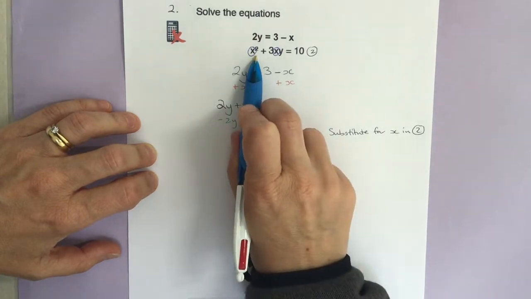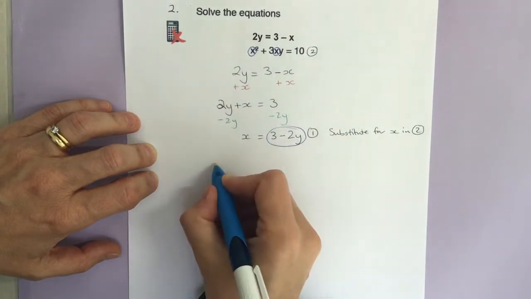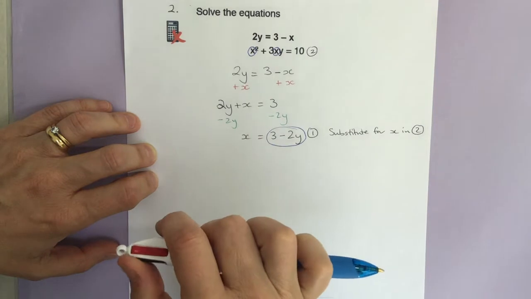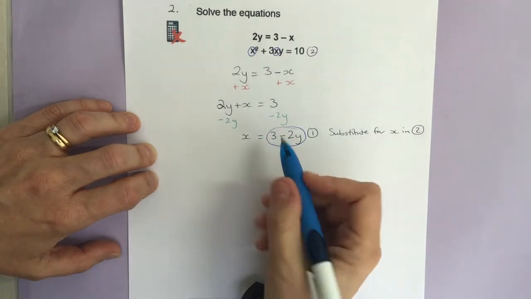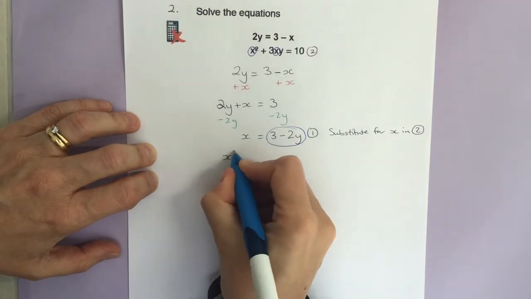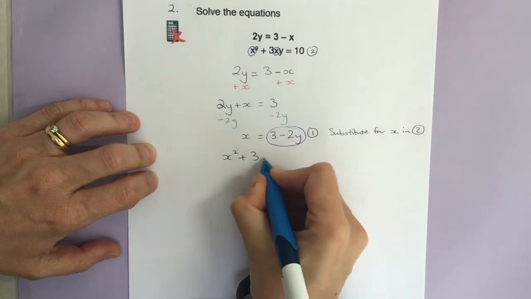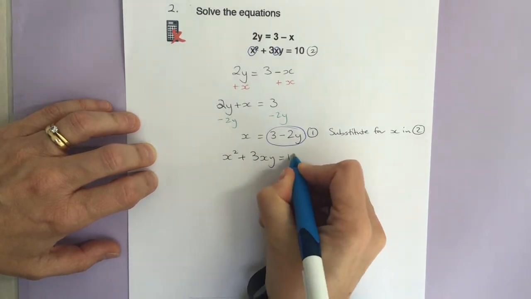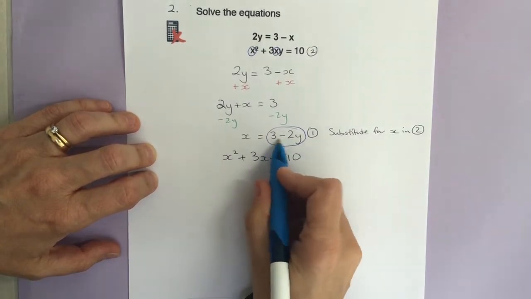Let's have a look. So x squared, so that means, sorry, let me just write that out. So I'm going to write that equation out, I think, actually down here. x squared plus 3xy equals 10. So everywhere there's an x, I'm putting this expression in.